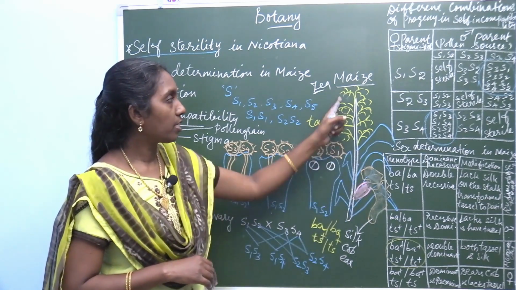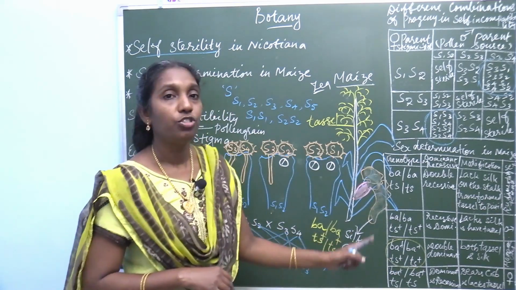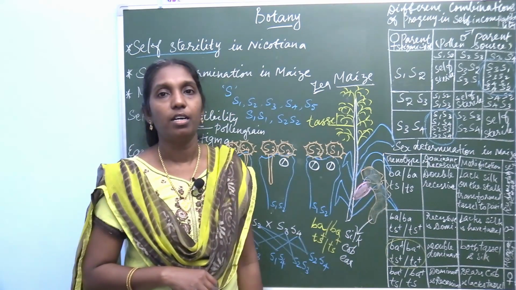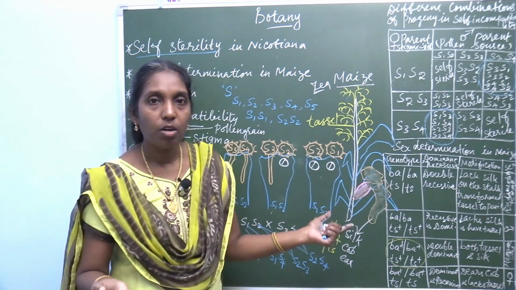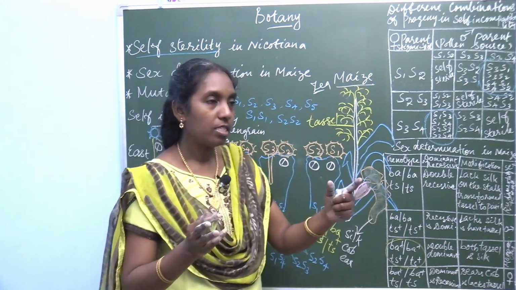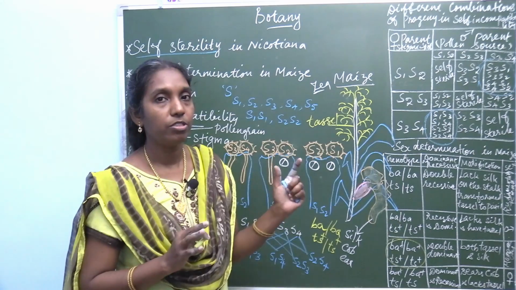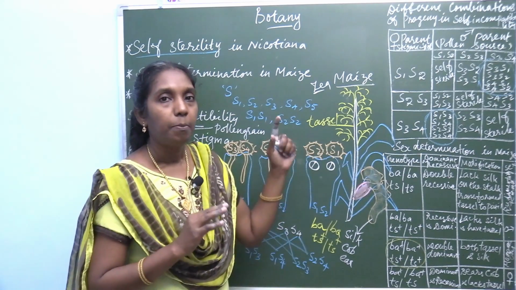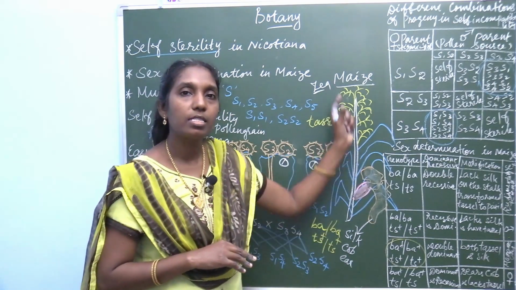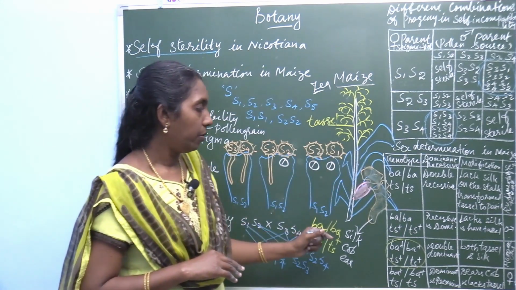So this is the monoecious condition, tassel and silk are formed. If both are dominant, it produces a monoecious plant. Both tassel and silk are present in the same plant. What is monoecious? It is a two-mark question. The male inflorescence and the female inflorescence developed on the same stalk or same plant is called monoecious.